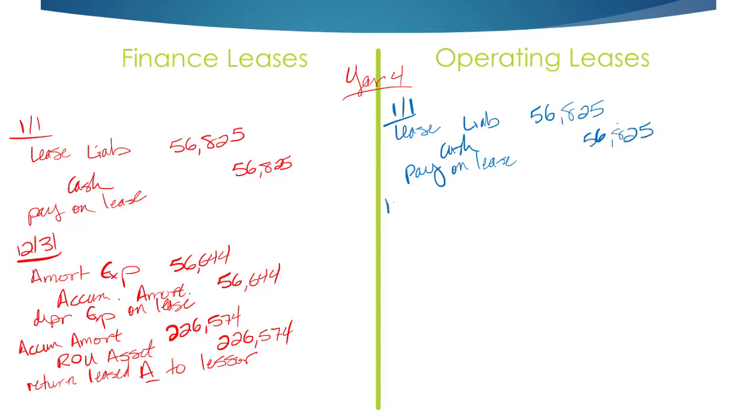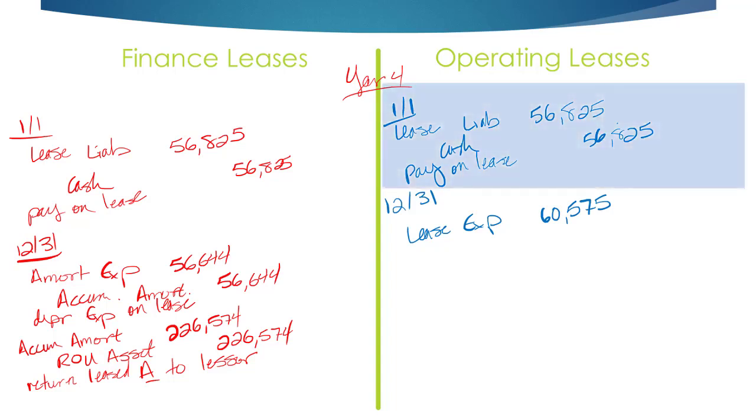On December 31st, we record our lease expense again. Same number we've used every other time, but we don't have any interest expense because I paid off all of the lease liability back with that January 1 payment. So all of it goes to accumulated amortization.